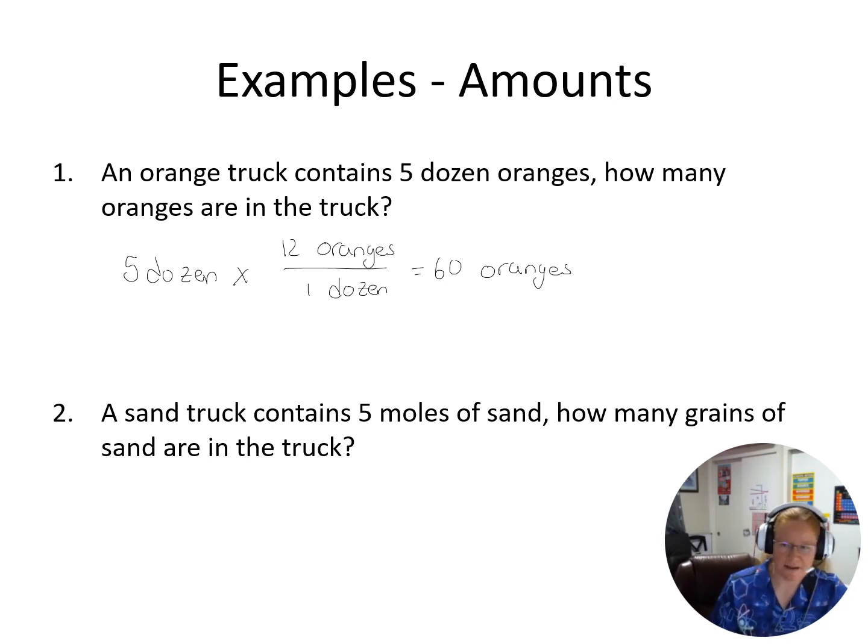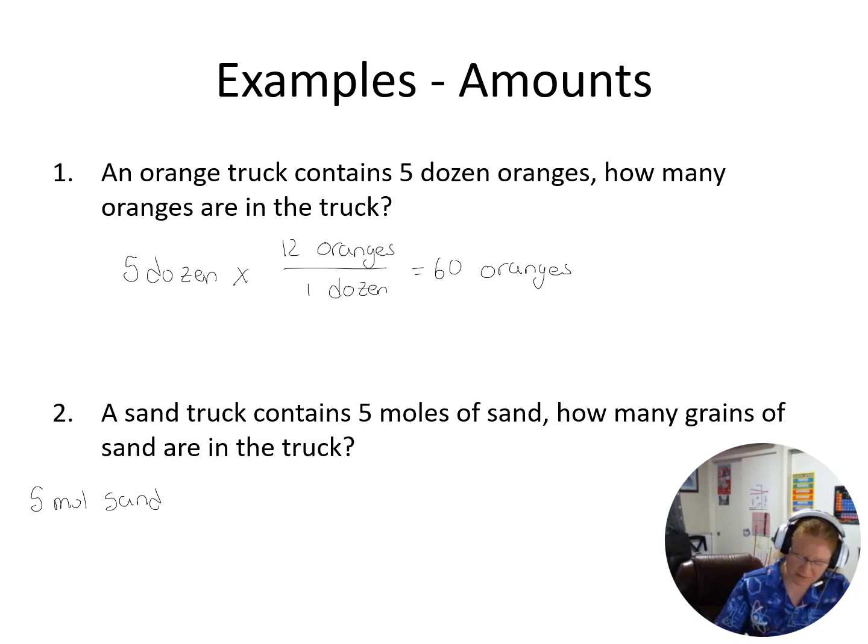Now let's think of something smaller. Sand. Sand is much smaller. So let's say that our sand truck contains 5 moles of sand. How many grains of sand is that? Now this is going to be a much bigger number. So I'm going to take 5 moles of sand. Avogadro's number tells us that we have 6.022 times 10 to the 23rd entities of anything in 1 mole.